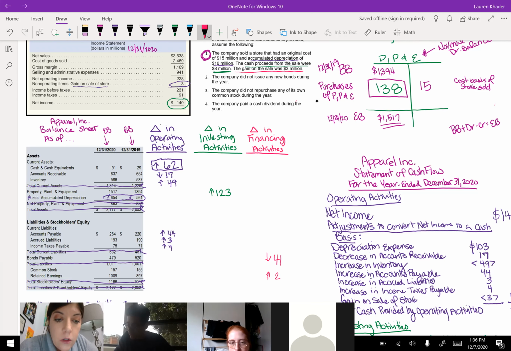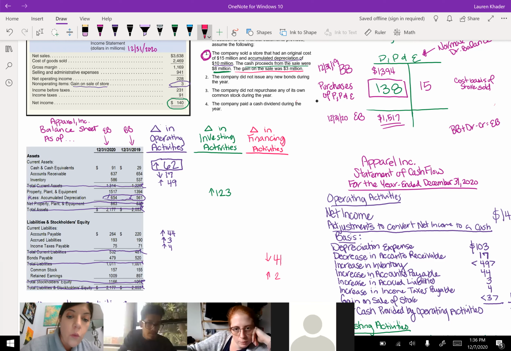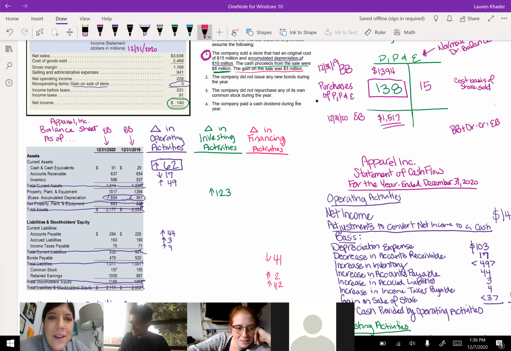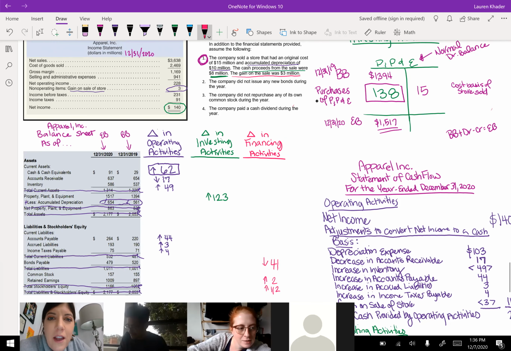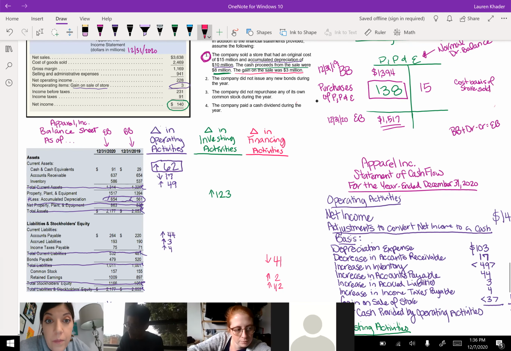And then last one, retained earnings went from 897 to 1009, which was a change of an increase of 112. Not doing that one in my head. Okay, so we definitely will need some supplemental information for this section.